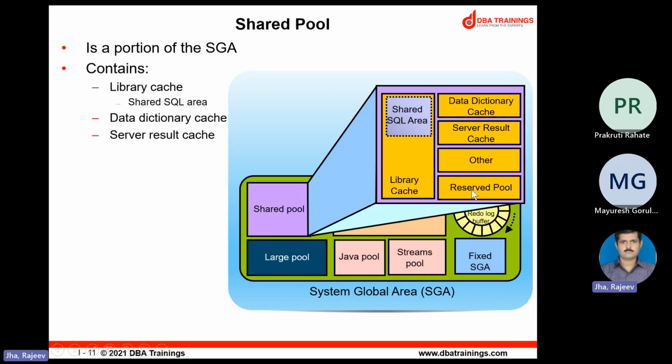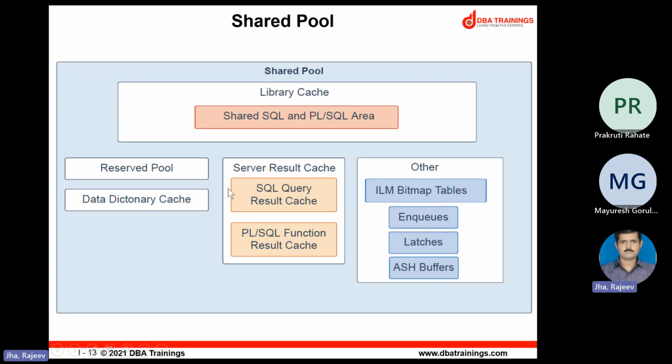Apart from that, there are some other components like the server result cache. We have the SQL query result cache for SQL query output, and PL/SQL result cache for PL/SQL output. Then we have several others, like ILM bitmap table, enqueue, latch, and so on, which we will talk about later.